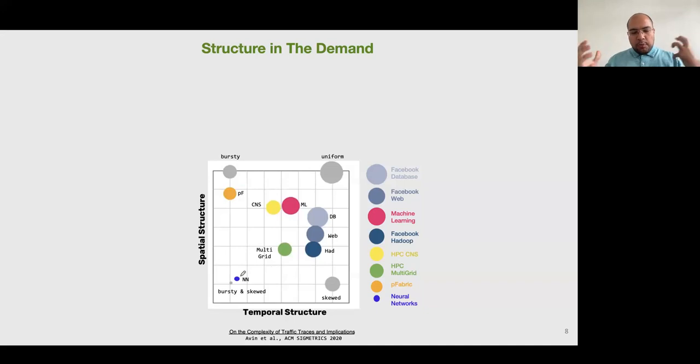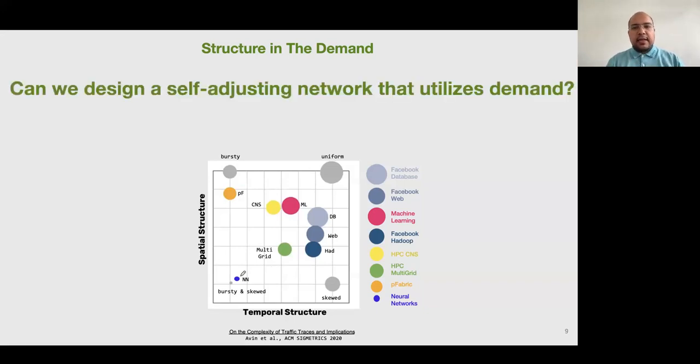The final hope of my PhD thesis, or the project that we are running with Stefan, is to build self-adjusting networks that utilize these demands and can perform better, given that the demand structure is not uniformly random. This is a hard question. We have multiple papers on it before, and we are also working on a couple of papers in the upcoming years.